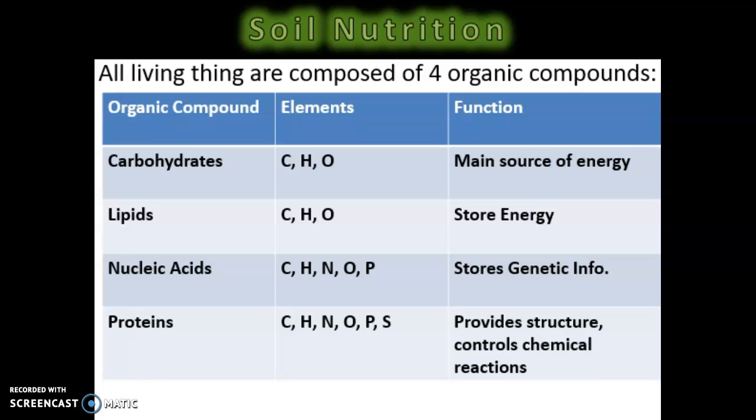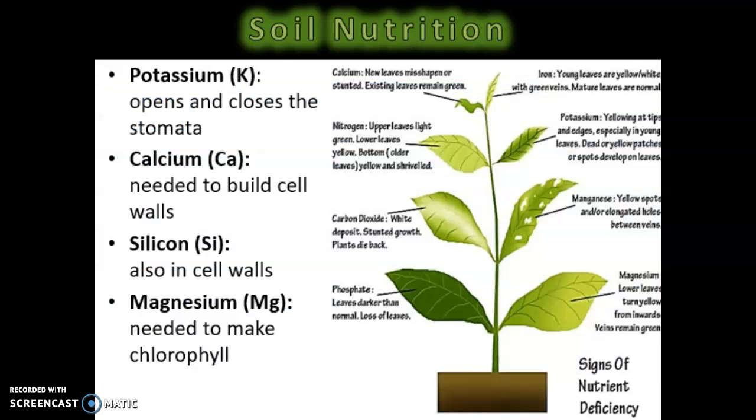Now, there are a few elements on that original list of macronutrients that we didn't account for, like potassium, which is abbreviated with the letter K, calcium, silicon, and magnesium. So on this slide, we see why the plant needs those 4 elements. Potassium is there to help open and close the stomata, which are found on the underside of the leaves.